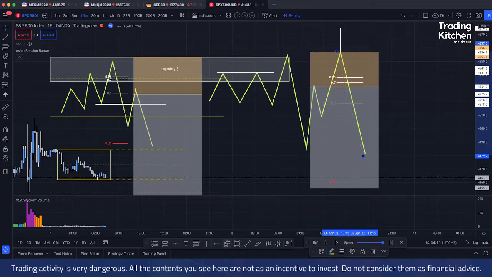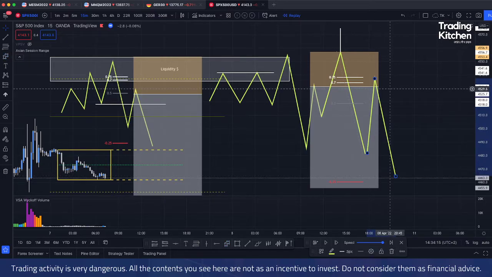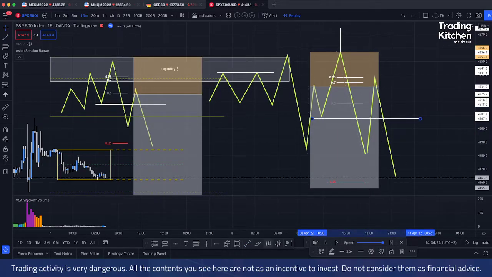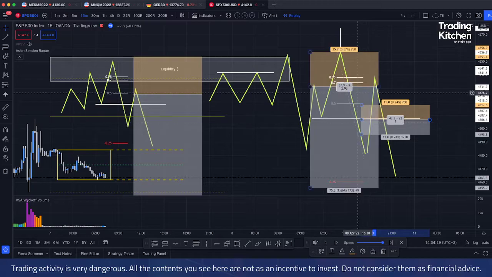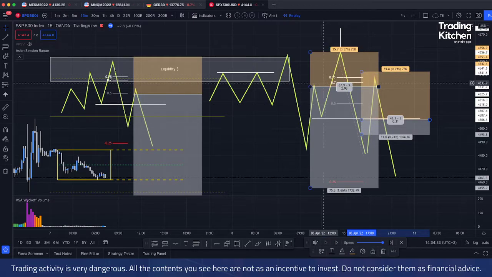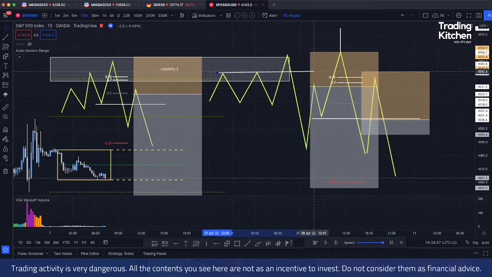So go short around here, or if you want to be more conservative but reducing the risk reward, you can go short on the breakout of the last structure, like this, and move the stop loss below the 75, or better, below this zone of the double top.